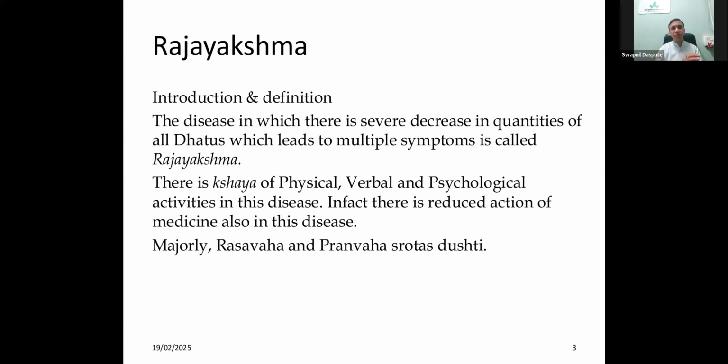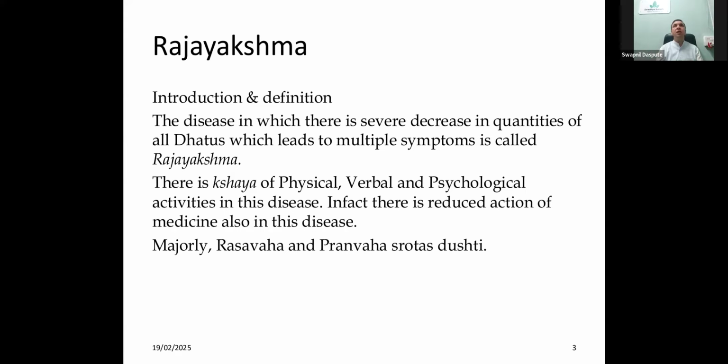So every disease goes through this phase of Agni Mandya. In fact, the pathogenesis, the samprapti starts with Agni Mandya, is what this verse says. So we have to understand that most of the diseases which are formed in the body have Agni Mandya as one of the hetus, or one of the steps in the process of disease formation.